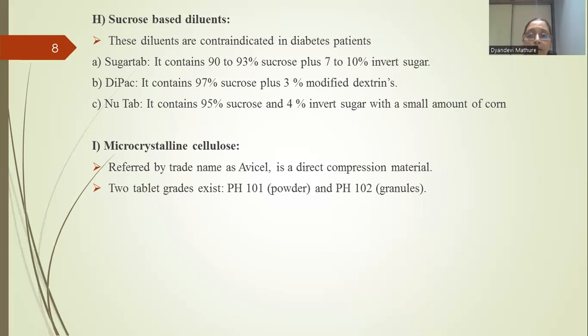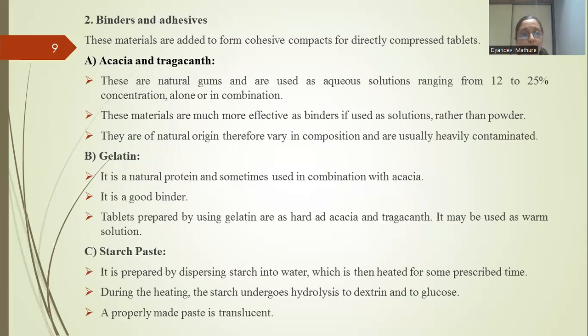Mostly the tablets prepared by direct compression method use microcrystalline cellulose as a diluent. It is available in two grades, pH 101 and pH 102. One is available as powder and another as granules.